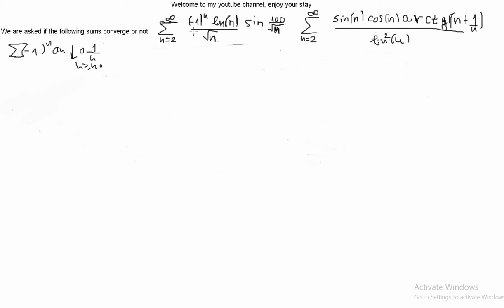This will converge for sure, but we also have the sine of 100 divided by square root of n. So what can we do here now? Sine changes the signs and everything, but there is one theorem called Abel's theorem, which says that we need to have a series that converges, for example some b_n.